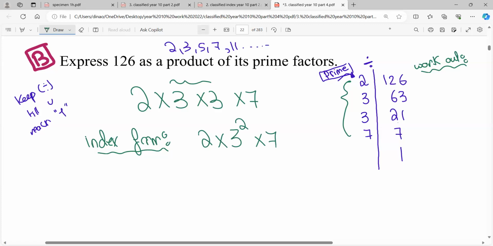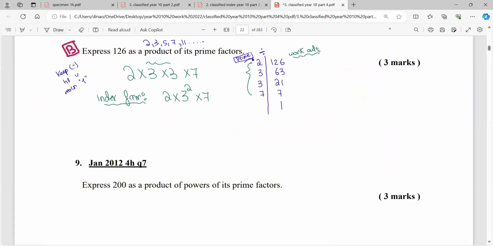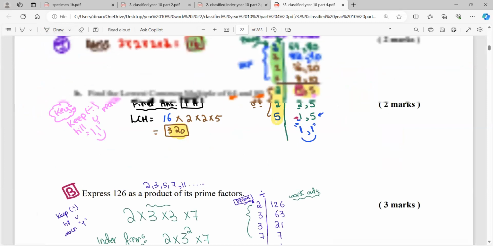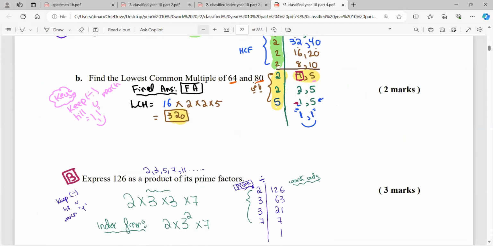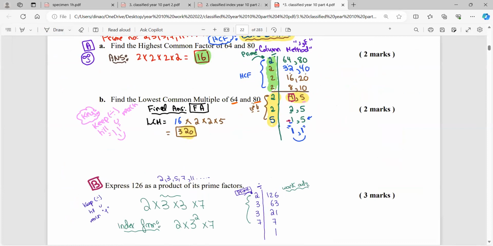So in this page, as you can see, we discussed how to use the عمود to find HCF, how to use it to find LCM, and how to use it to prime factorize. So far, we discussed the basic questions related to the عمود.